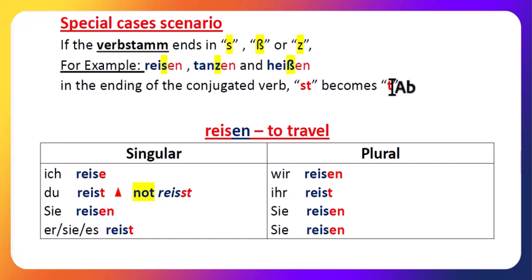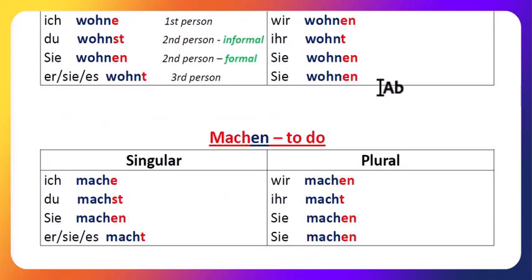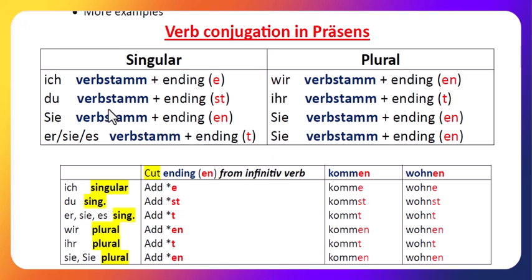The verb conjugation ends with st, but the rest will remain the same. From this table, the verb conjugation ending with st is du. So for the pronoun du, we can't say du hörst. In this case, this one will be t.